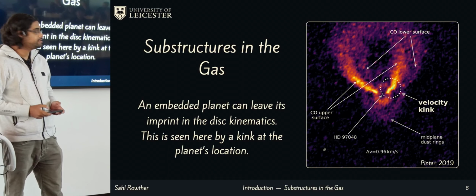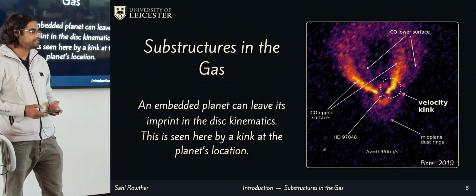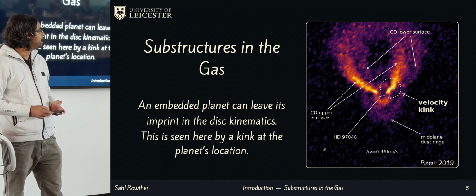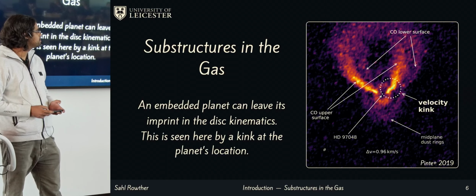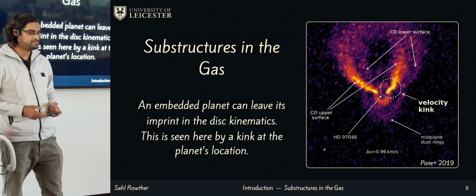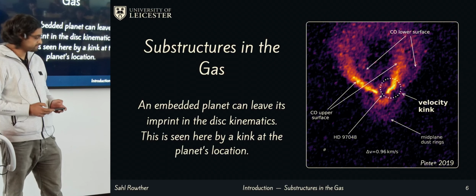However, this disk has ring and gap structure, as you might be able to see from the continuum in the background, and in the gap you can see a kink on one side of the disk, and that is a signature of a planet in the kinematics.